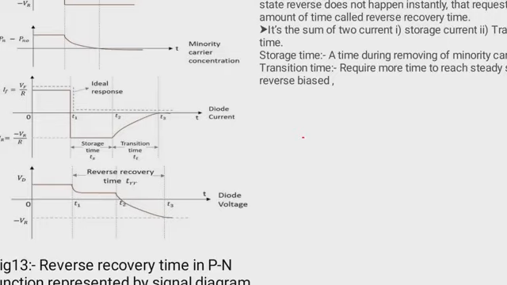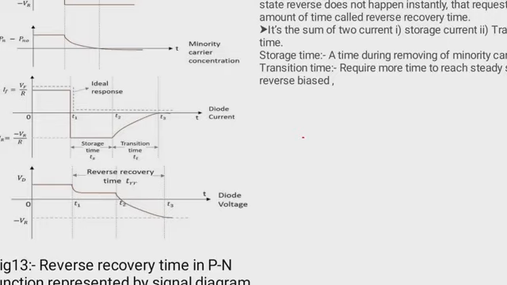Before t equal to T1, the diode is in steady state forward biased, as I have seen already. After t equal to T3, the diode operates in steady state reverse biased.